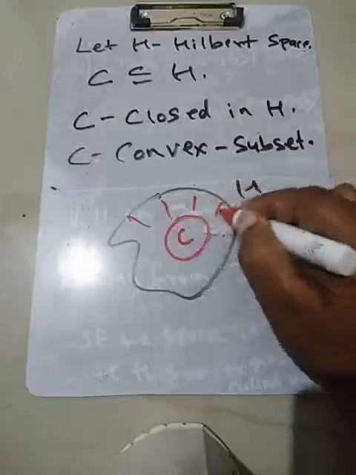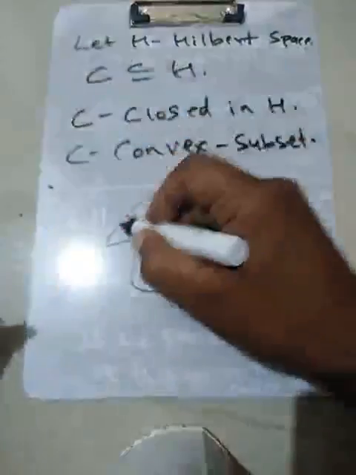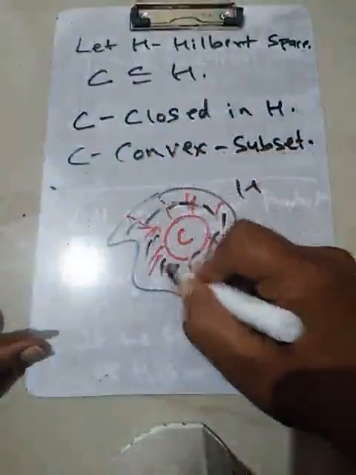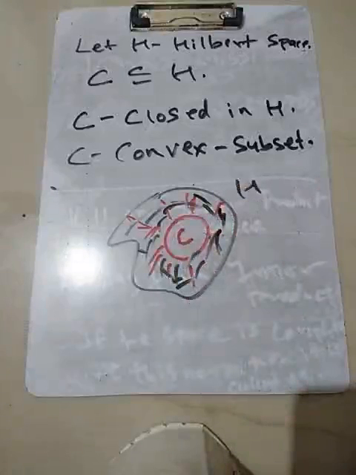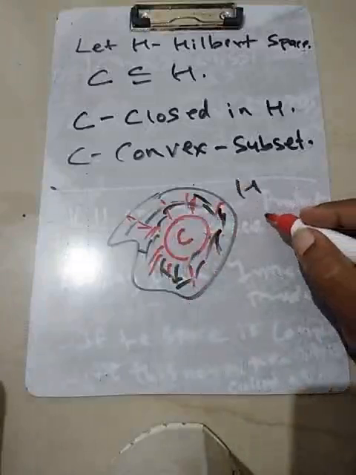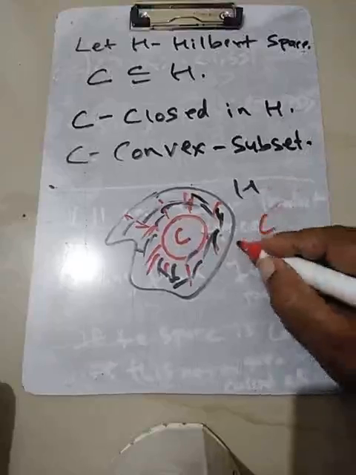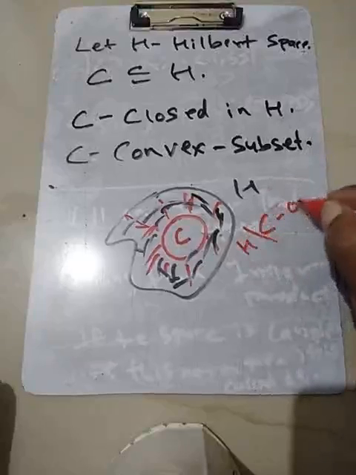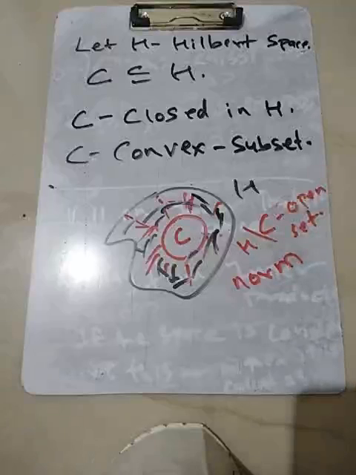If you look at its complement, this outside space, the complementary space, if C complement, or H minus C, is an open set in the norm, or the metric arising from the inner product, then we say that such a set C is a closed set.